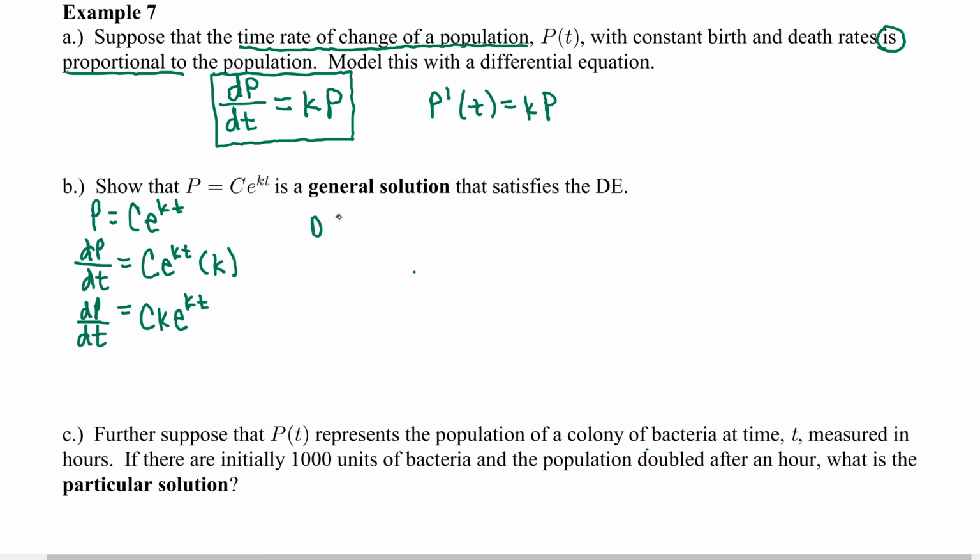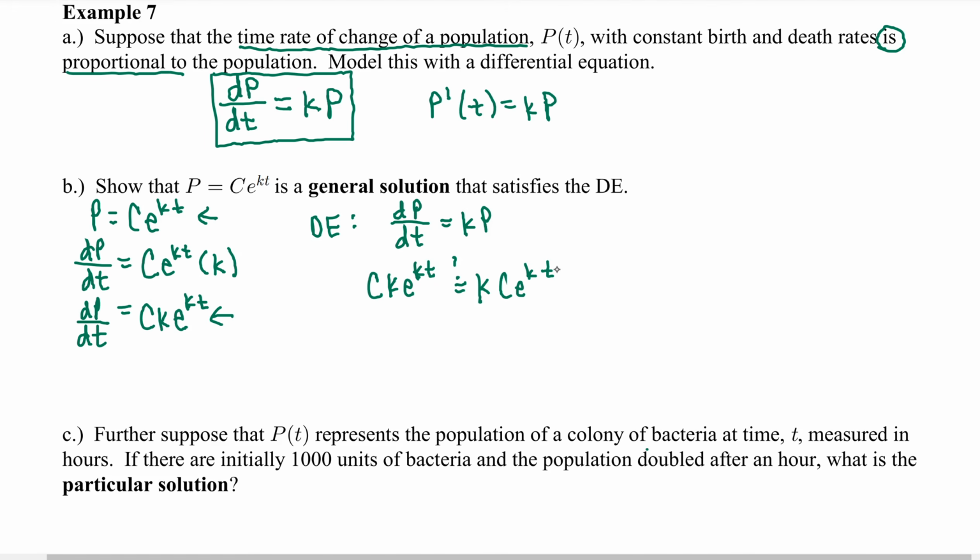Now, the given differential equation is dP over dt equals kP. We're trying to verify that the given solution balances the DE. So on the left side, we have the expression dP over dt. We're going to replace it with what we found, Ck e to the kt. We want to find out, is this equal to k times P? Well, we're going to replace P with Ce to the kt.